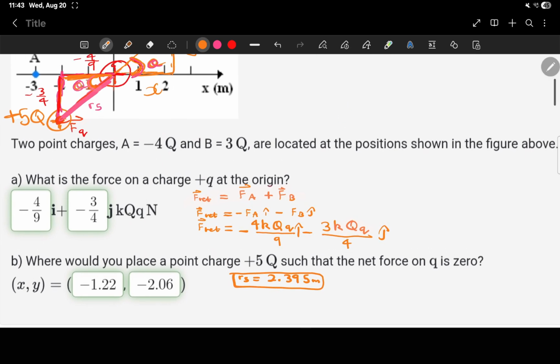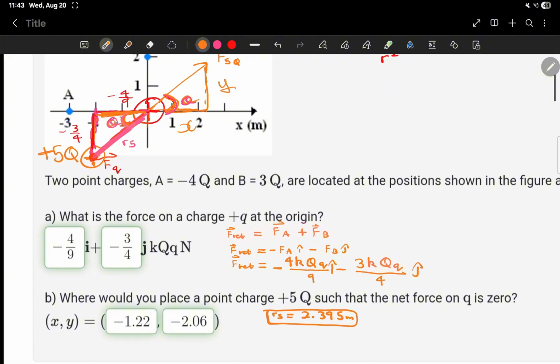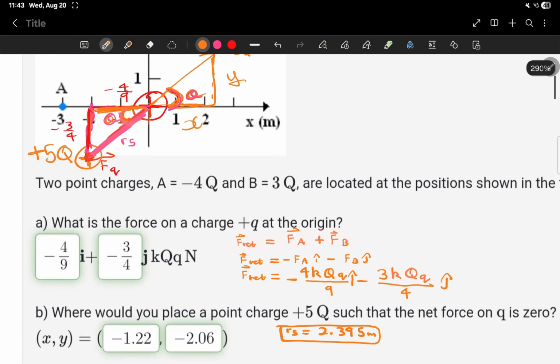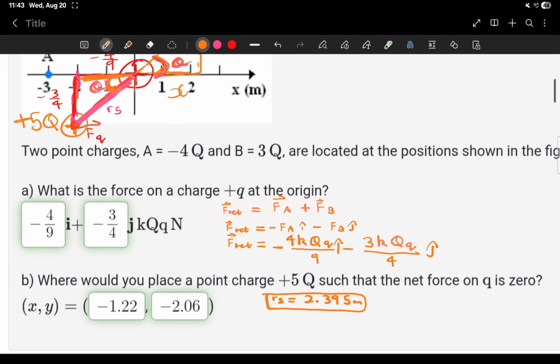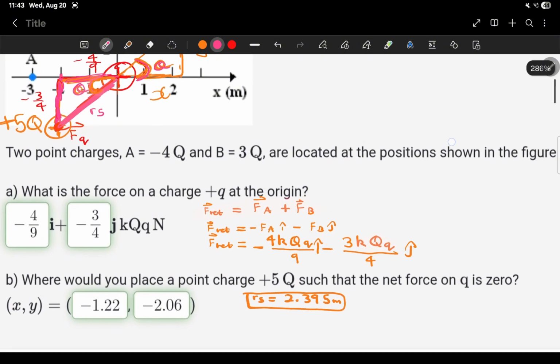So we'll be using the net force from part A and using the tangent identity we can find the angle theta. And then once we have the angle theta, we can simply find the x and y components of the actual displacement.